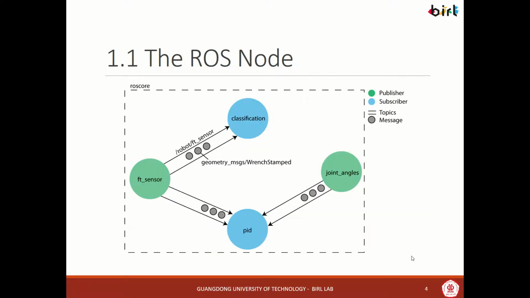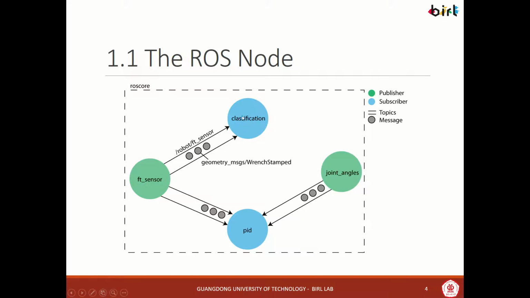So let's jump in and look a little bit more about the graph and ROS nodes. Take a look at this image. We have this dotted square here. This represents the ROS core environment. Anytime that we want to start ROS, we're going to type roscore in the terminal, as I'll show you in a second. With the terminal, we're going to have a master, a ROS master, which keeps a list of all existing nodes.